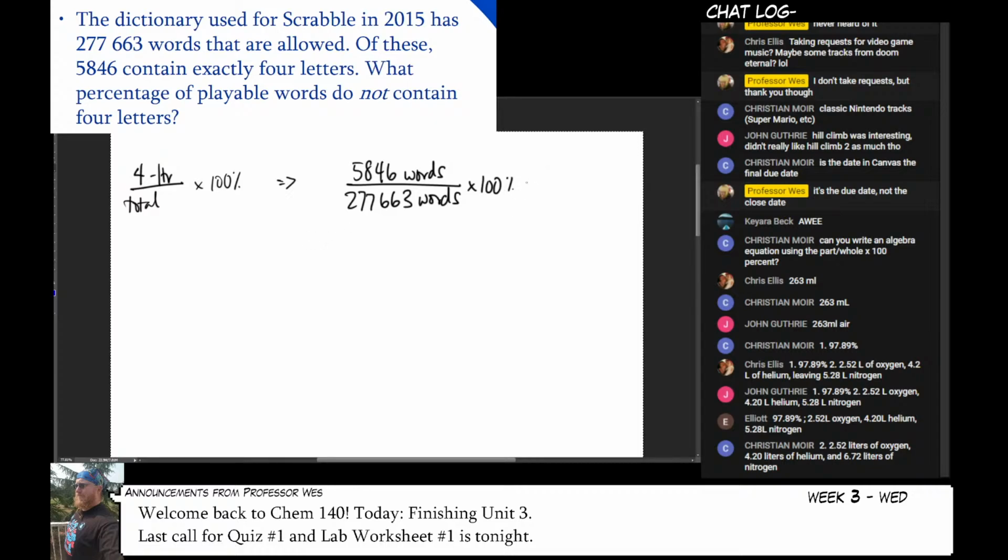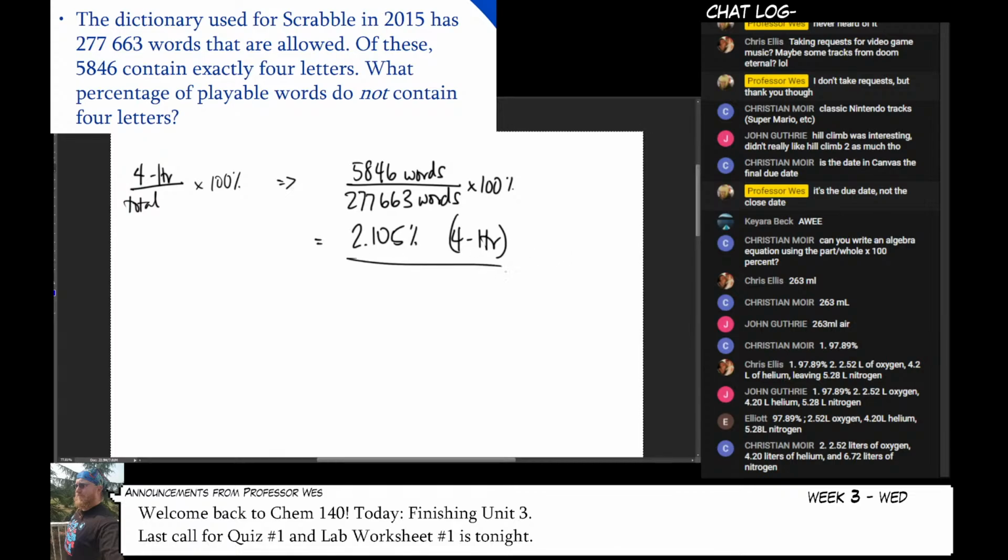And this would be the percentage of 4-letter words. If I could type that all in my calculator, times 100. And I get 2.105%, or however many significant figures I should have. These are all counted, so technically I get to keep all the digits.